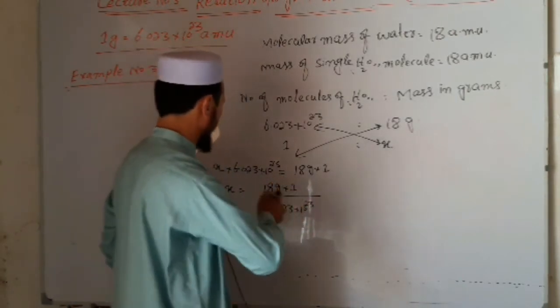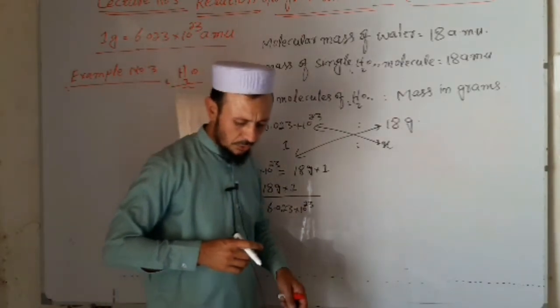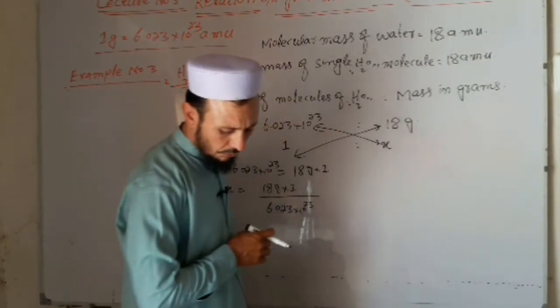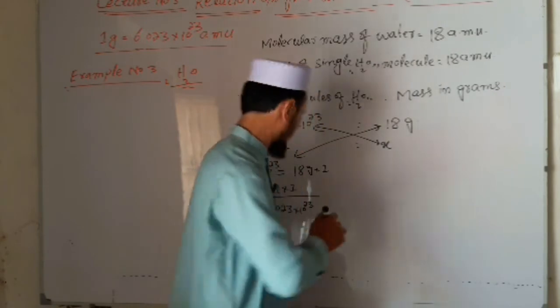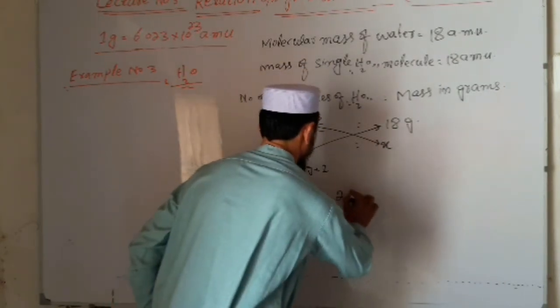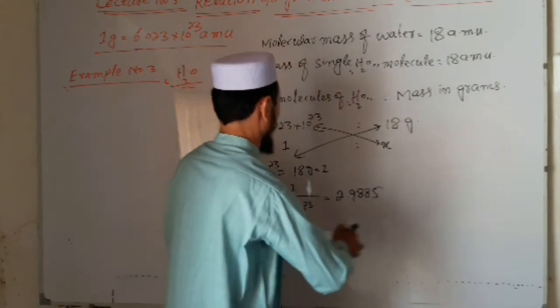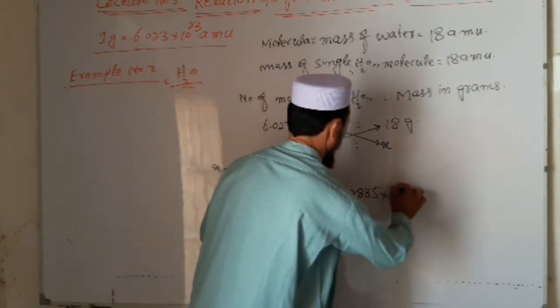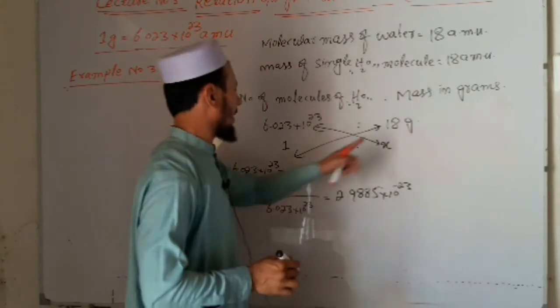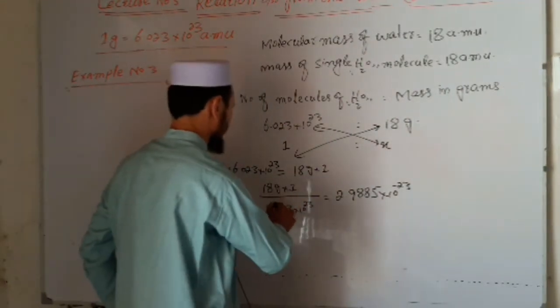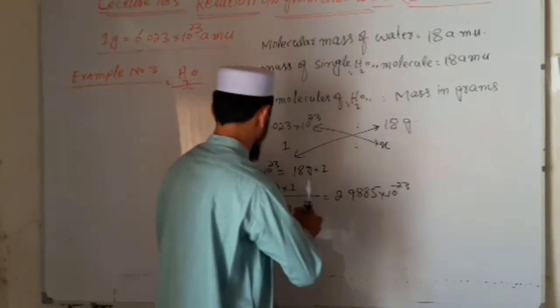Thus we will get 18 divided by 6.023 is equal to 2.9885, which is 2.9885 multiplied by 10 raised to the power of minus 23. It will rise up and the unit will remain gram.